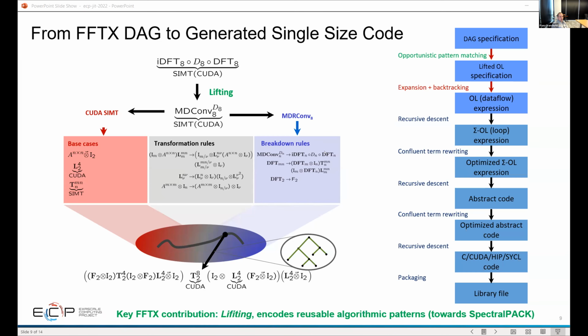And then a constraint solving system walks through that search space, finds solutions that implement the algorithm in that particular situation, and then sends it to the stack of multiple rewrite systems that implement either recursive descent or confluent term rewriting.